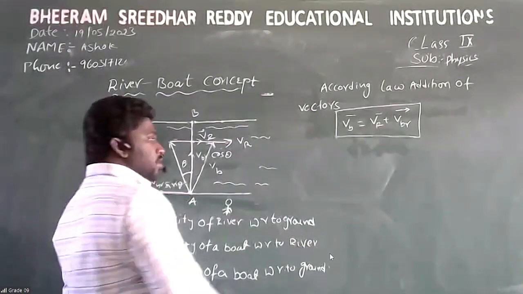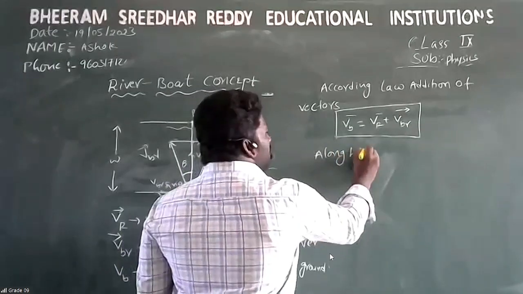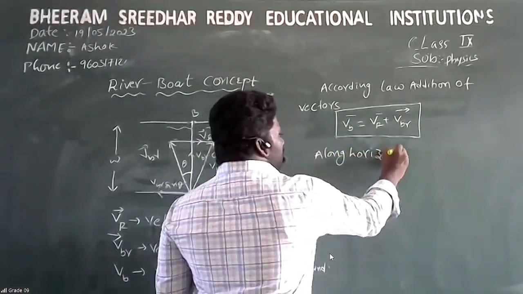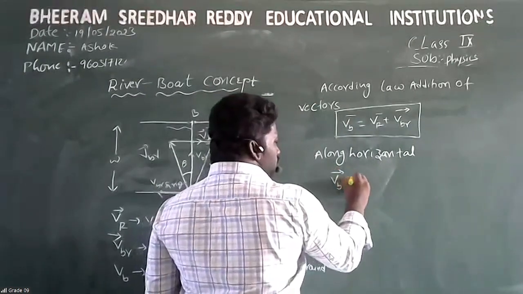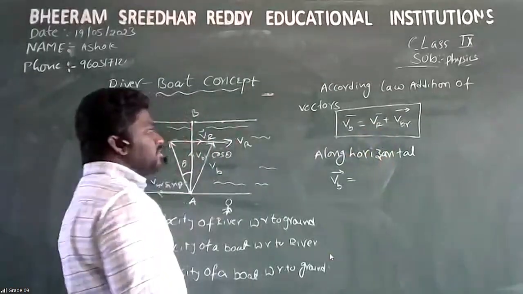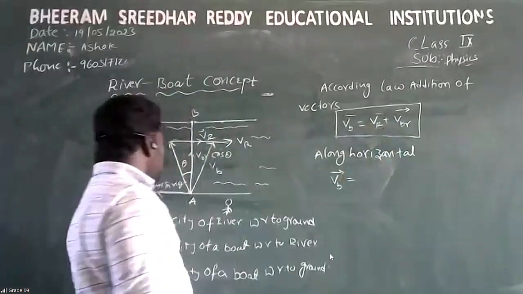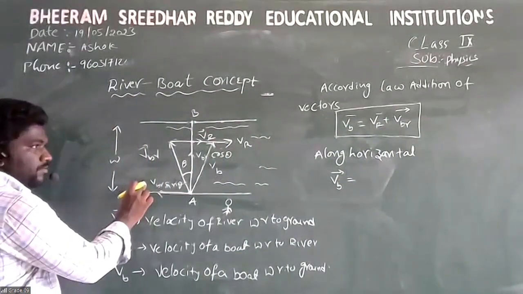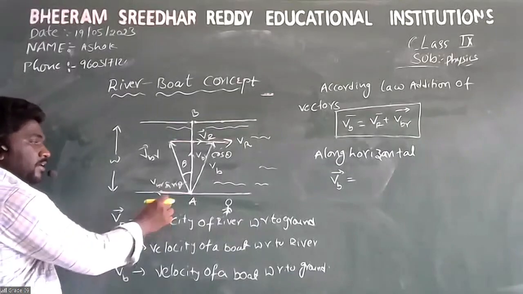Now look here. First, along the horizontal direction, VB bar equals: the river is moving with velocity VR. What is the velocity of this one? VBR sin theta.